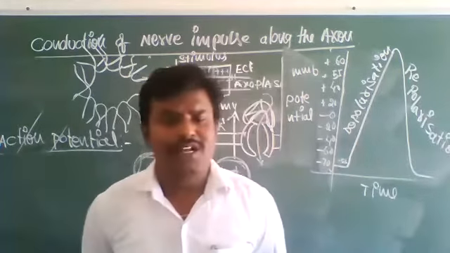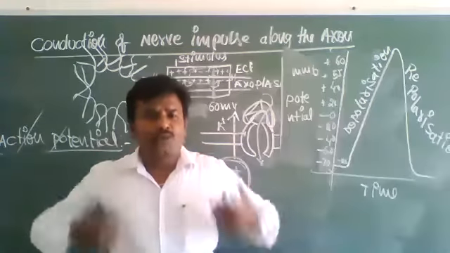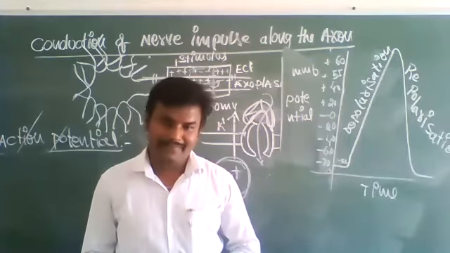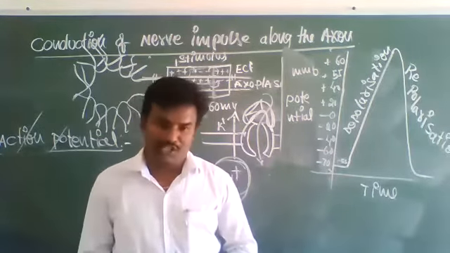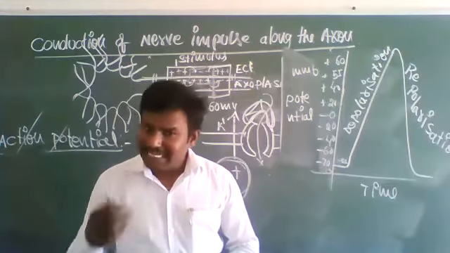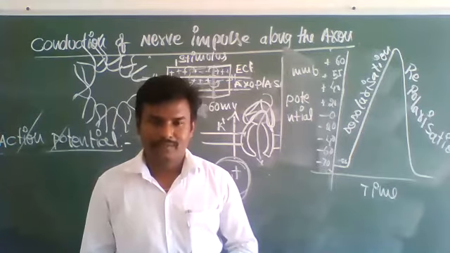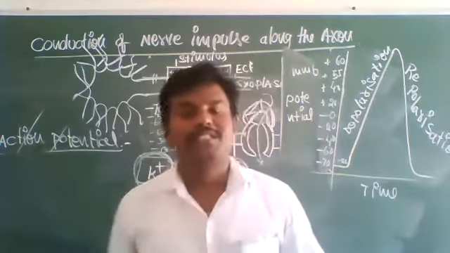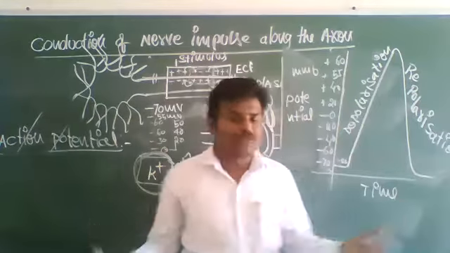Almost all the neurons in our body show different densities of sodium ions, and different action potentials. You have to remember this point. Neurons are present in different places, and they show different densities of sodium ions.